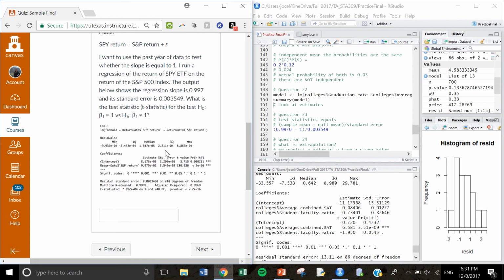So this is just knowing how to calculate the t-statistic by hand. The test statistic equals the sample mean minus the null mean divided by the standard error.